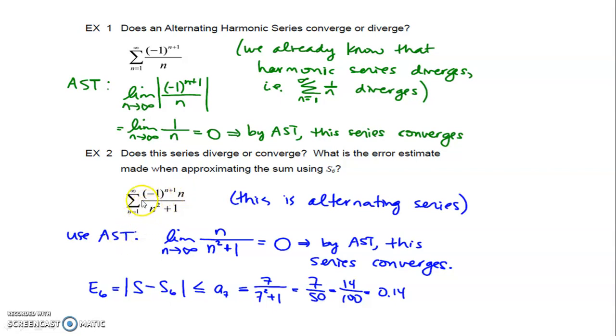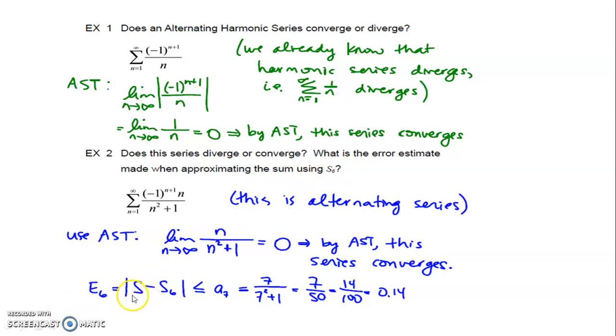Now we can make use of the alternating series test. The nth term, n by n square plus 1, as n approaches infinity, is 0. So according to the alternating series test, since this limit is 0, the series converges.